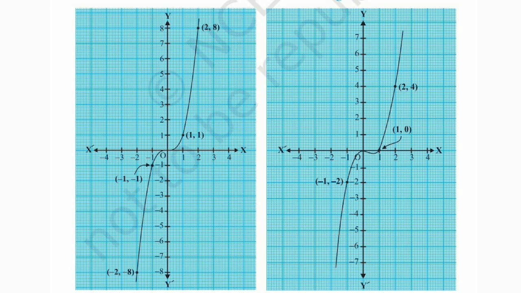The one on the left side touches the x-axis in only one place, and the one on the right side touches the x-axis in 2 places. So what we can understand from this is that these two are for different cubic polynomials. We can understand a cubic polynomial can touch the x-axis in 3 places or 2 places or 1 place. So it has a maximum of 3 values. It can go for 2 values or it can go for 1 value.